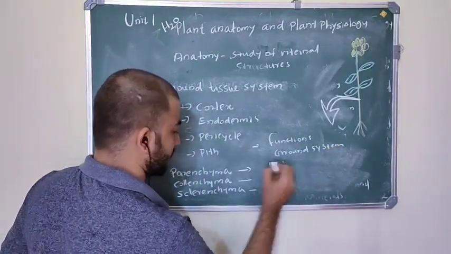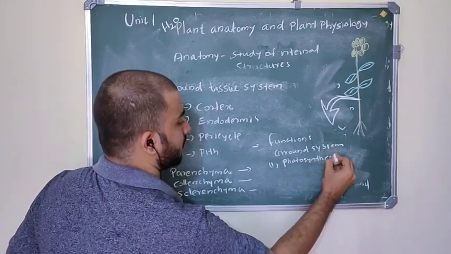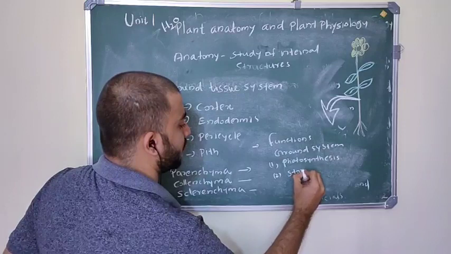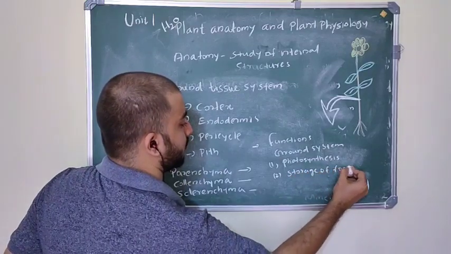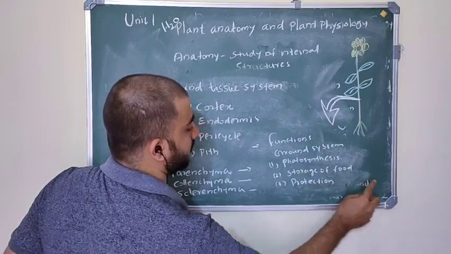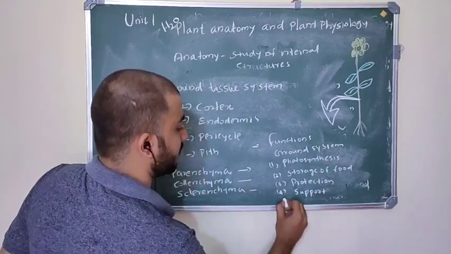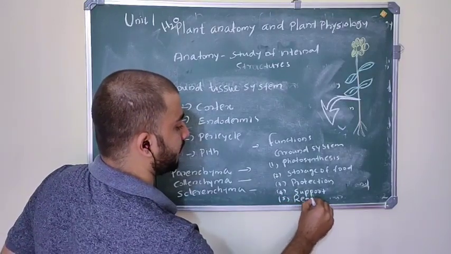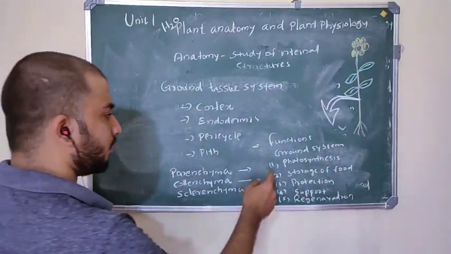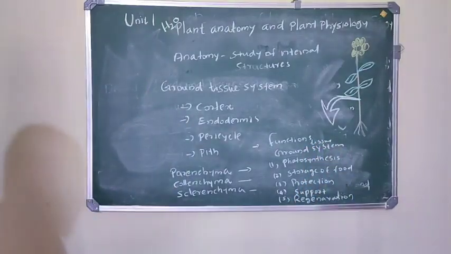First of all, as we already said, photosynthesis, then storage of food, then protection, then support, then regeneration, etc. So these are the functions of the ground tissue system: photosynthesis, storage of food, protection, support and regeneration. Okay.